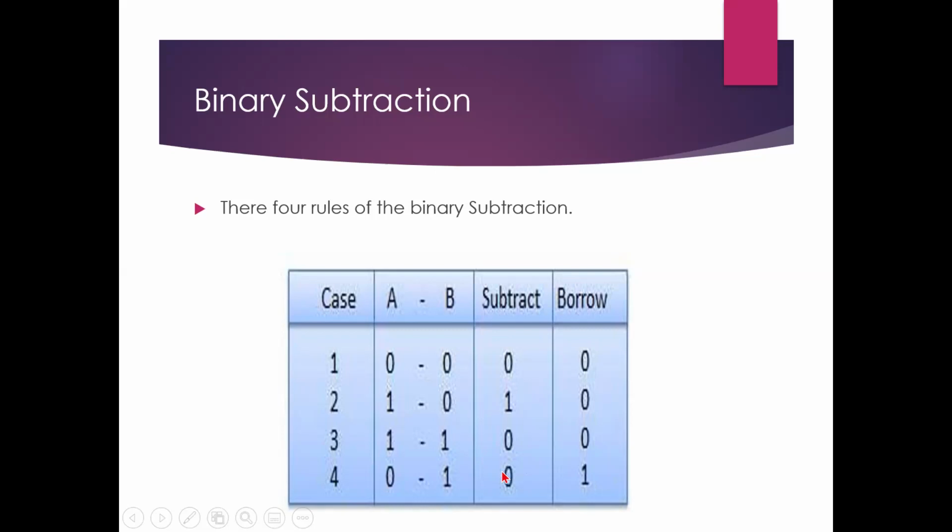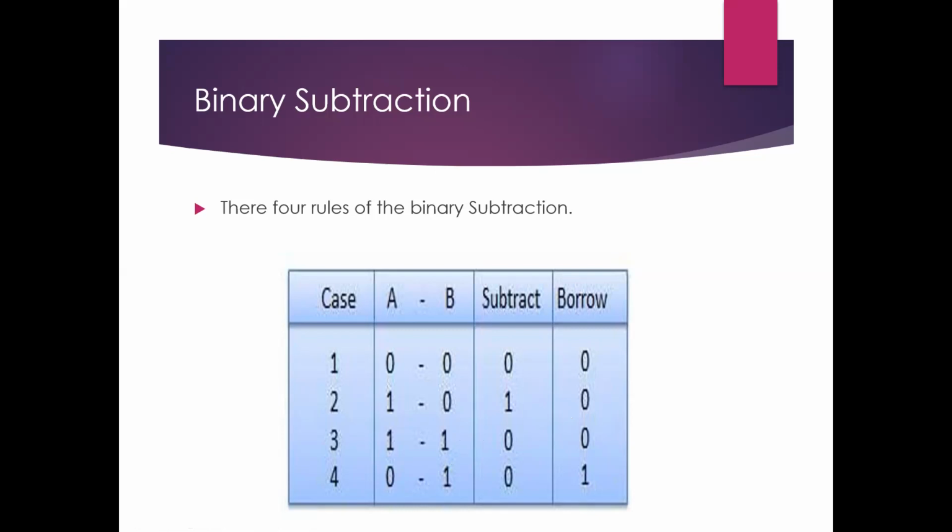Here there is a small mistake that happened. Here it is not 0, it is 1 and borrowed 1. So please remember, all these things are very regular. 0 minus 0, 0, no borrowing. 1 minus 0, 1, no borrowing. 1 minus 1, 0, no borrowing. 0 minus 1 cannot be done. You all know that from the lesser value, higher value cannot be subtracted, right?